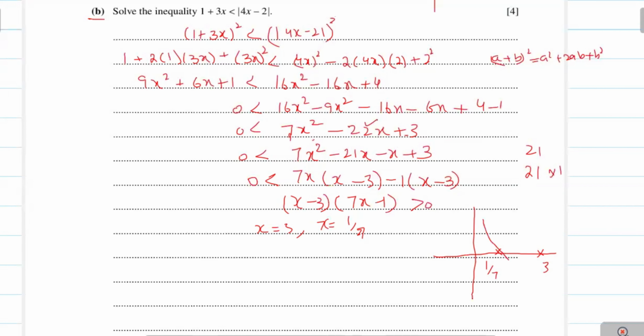Now we draw the quadratic curve here, and you see here the value of y is greater than 0 on these parts. When x is greater than 3 and when x is less than 1 over 7, these values will be greater than 0. Therefore, we can write this range of values as x less than 1 over 7 or x greater than 3. This is the answer.